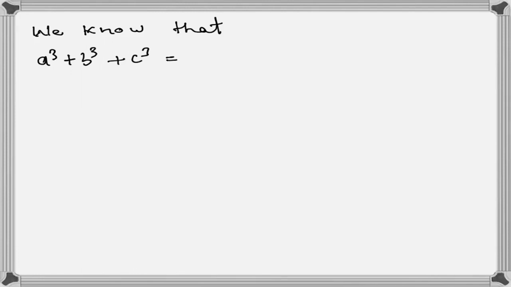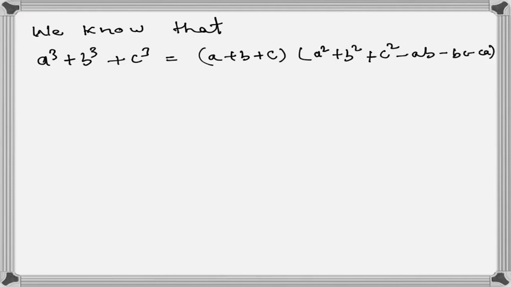As we know, a cube plus b cube plus c cube is equal to (a plus b plus c) into (a square plus b square plus c square minus ab minus bc minus ca) plus 3abc. This is what we know.